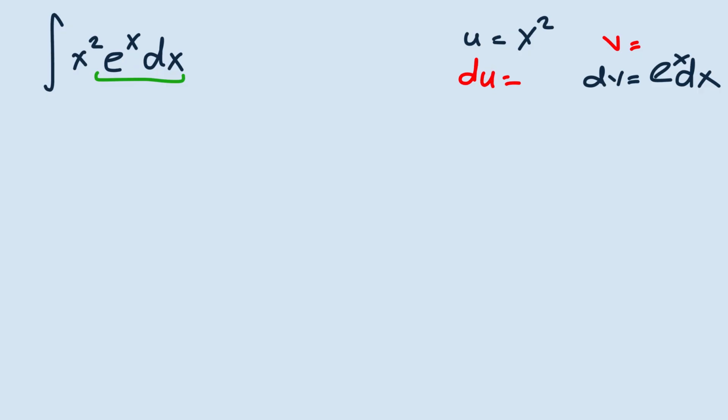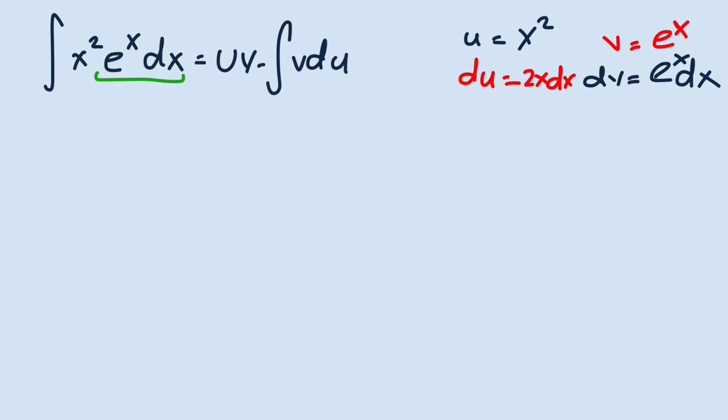Now let us find du, which is the derivative of x squared, which equals 2x dx, and I have to integrate e to the power of x to find the value of v, which is again e to the power of x. Now according to the rule, uv minus the integral of v du.